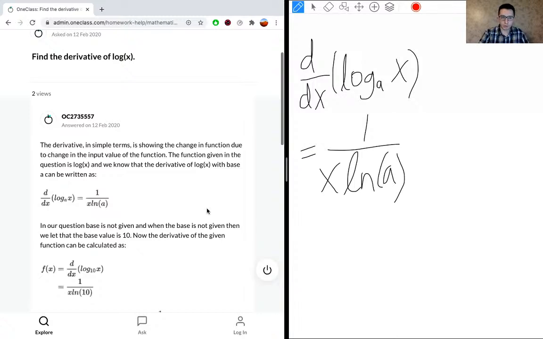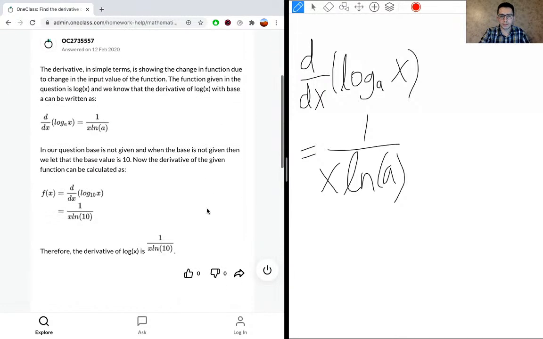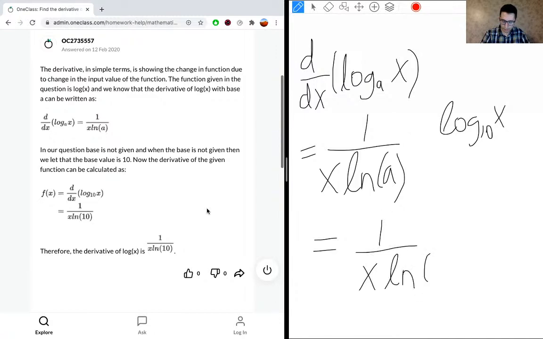This can also be derived by going through the limit method, but this is also a very useful derivative to have memorized. So if we substitute in log x, we know log x has a base of 10 here. So the derivative of log base 10 of x is equal to 1 over x ln 10.